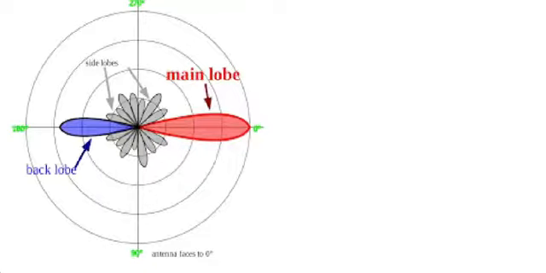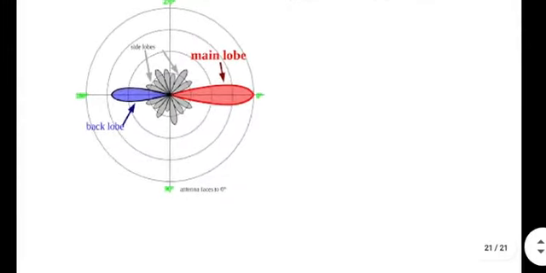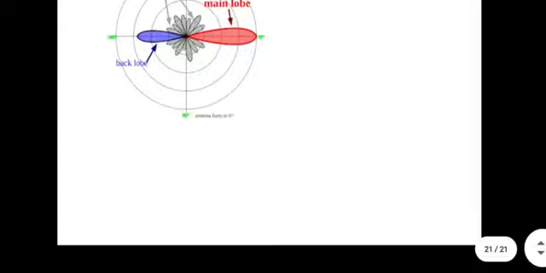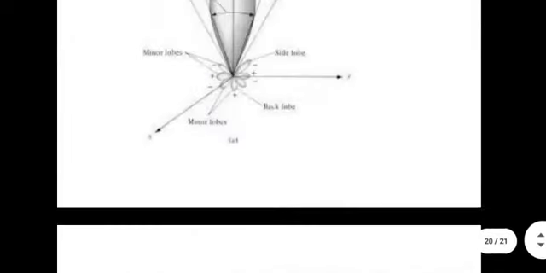And in between, there are nulls, in which direction no radiation will go out. So main lobe is important, but everything else is also almost equally important. Ideally, you want only main lobe and nothing else, so that no power is lost. But in practice, it's not possible. You try to reduce the undesirable radiation as much as possible. That's the nature of the game. Okay.